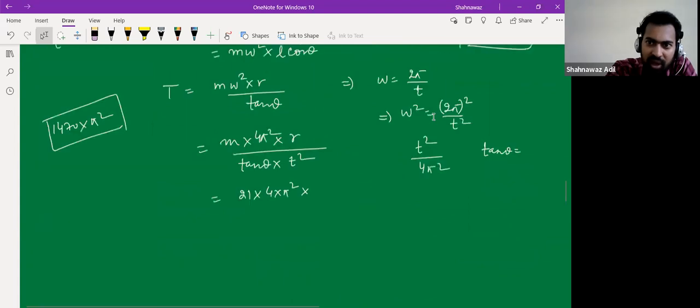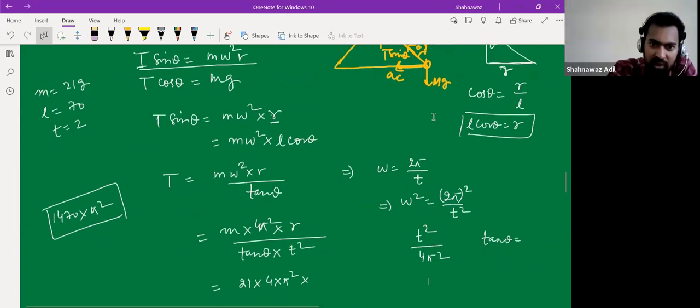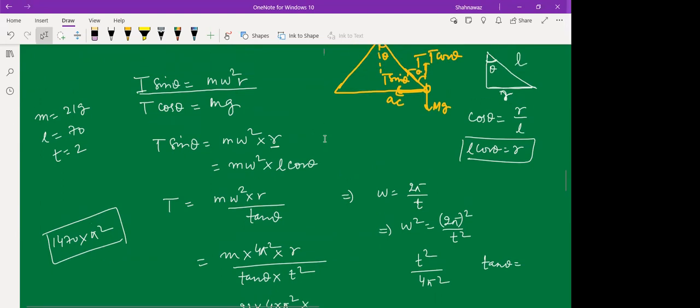Did I miss R? Sir, if we try substituting for sine theta in this third equation, R gets cancelled. Which was the third equation? T sine theta is equal to m omega square into R, right?